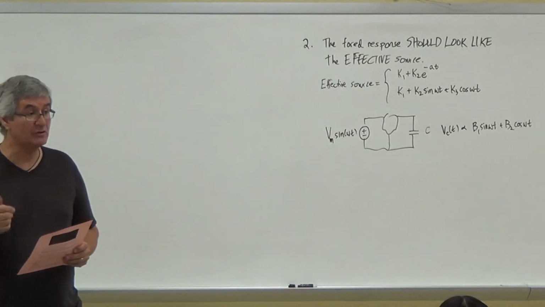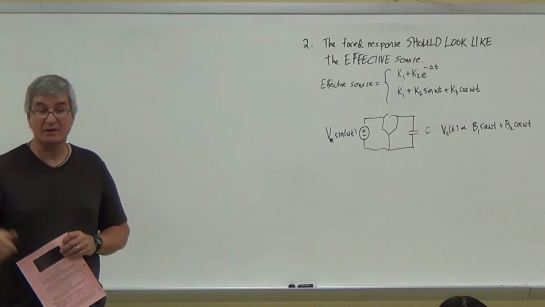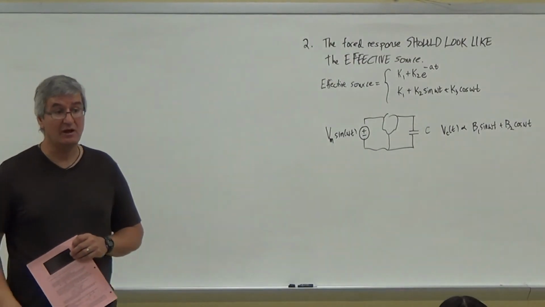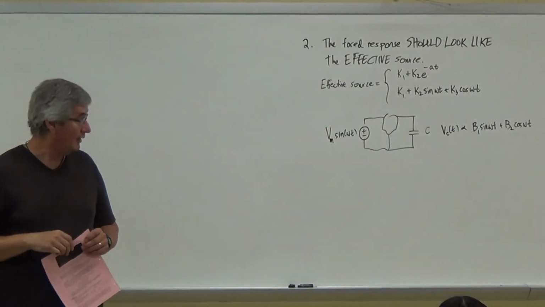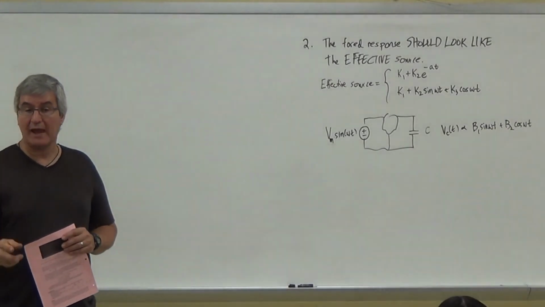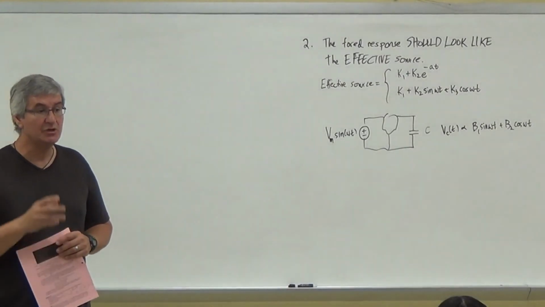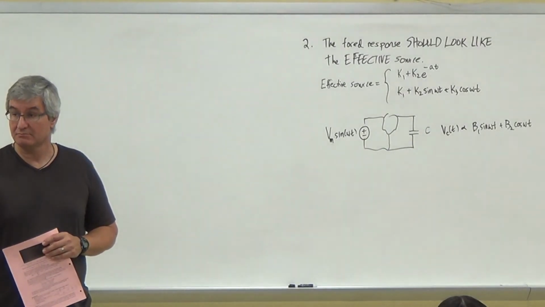So when I have that first order equation, I'm going to have two solutions: a natural response, a homogeneous solution, and a force response, a particular solution. When you look at that force response, depending on the circuit, you could have two constants, maybe even three constants.